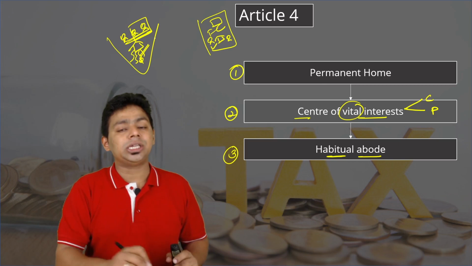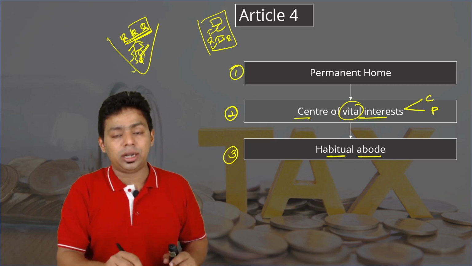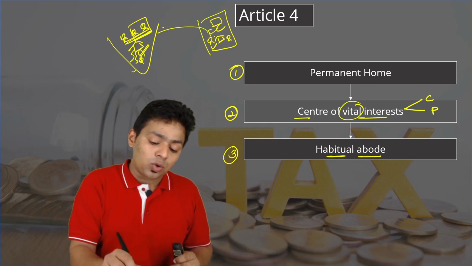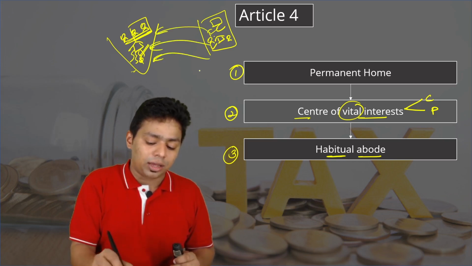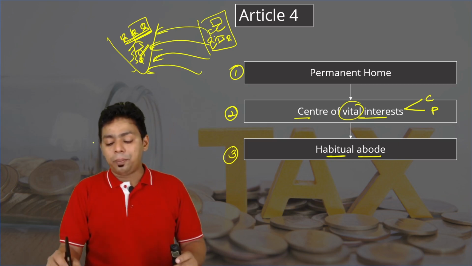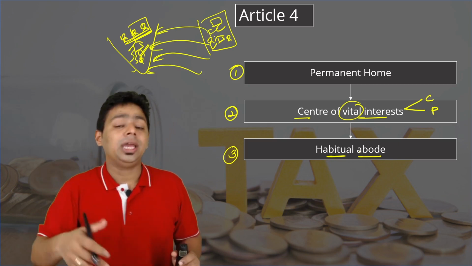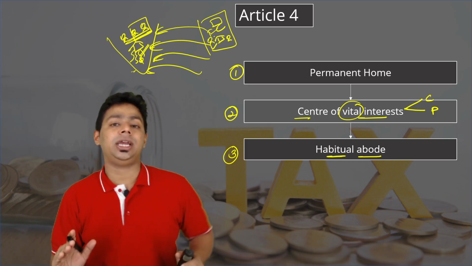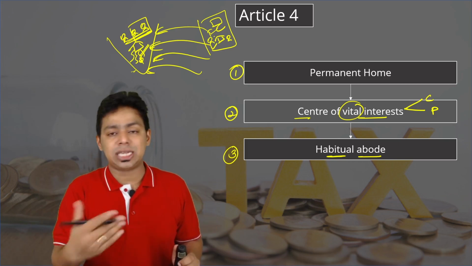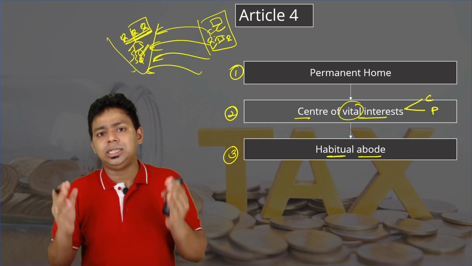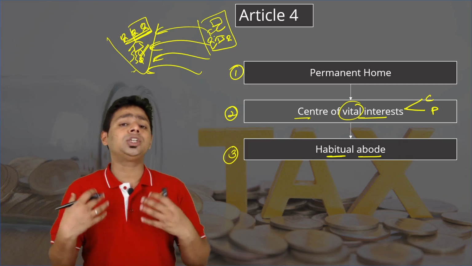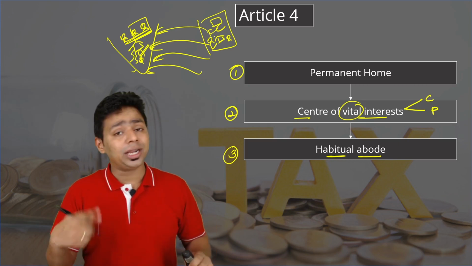Similarly, whenever this person is having a house in both the countries or many countries for that matter, whenever he travels, where he goes back again and again, if he comes back to India again and again, obviously his habitual abode is India. Habitually he resides in India. That means more frequently he visits India, and generally he considers mentally that this is my permanent home, where he has to go back. So that is habitual abode.